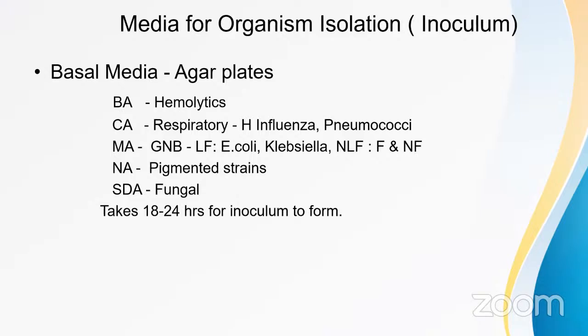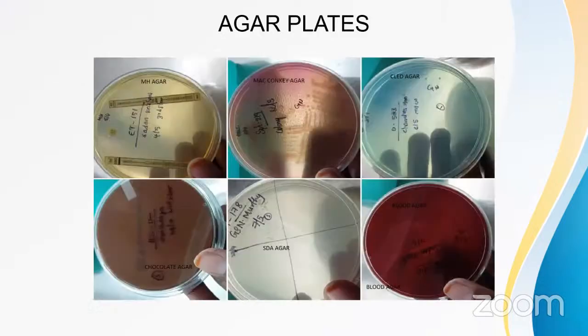Blood agar is used for hemolytics, and chocolate agar is used for respiratory samples. MacConkey agar is used for GNBs, nutrient agar for pigmented strains, and SDA for fungal. It takes about 18 to 24 hours for the inoculum to grow. The plates shown here are chocolate, blood, nutrient agar, and MacConkey agar.